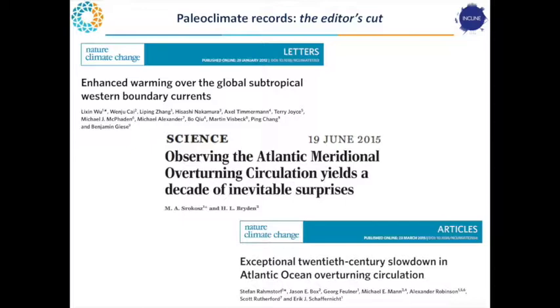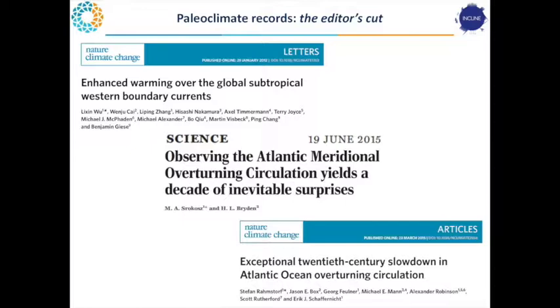Indeed, different papers have already been raising the importance of the Atlantic meridional overturning circulation, and that the 10-year long instrumental record, please note that we only have slightly more than 10 years of monitoring of this circulation in the ocean. We don't go 100 years as some precipitation records do, some temperature records do. We only go 10 years. It shows inevitable surprises. I'll show you a snapshot of these surprises.